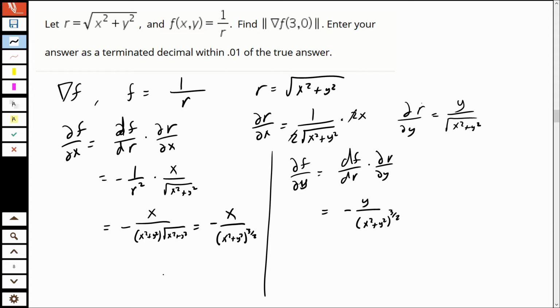Here I plug in 3 and I get df/dx at (3, 0) is minus 3 over (3 squared) to the 3/2, which is negative 1 over 9. Right, that's 3 over 27. And here this is just going to be 0.